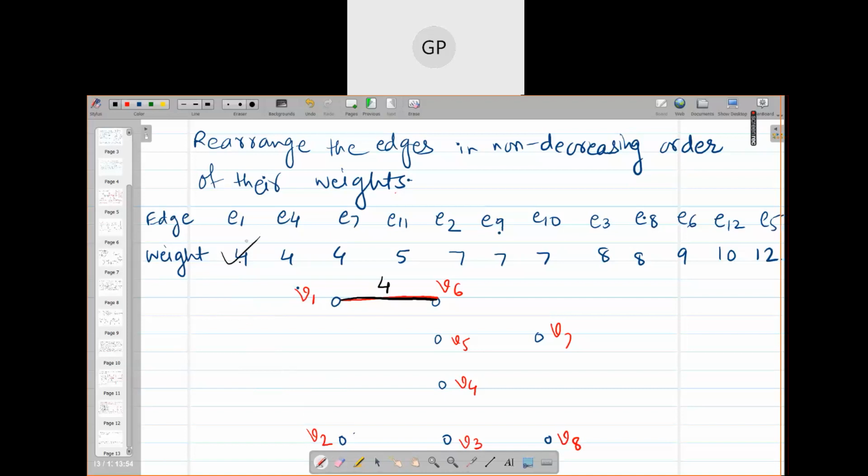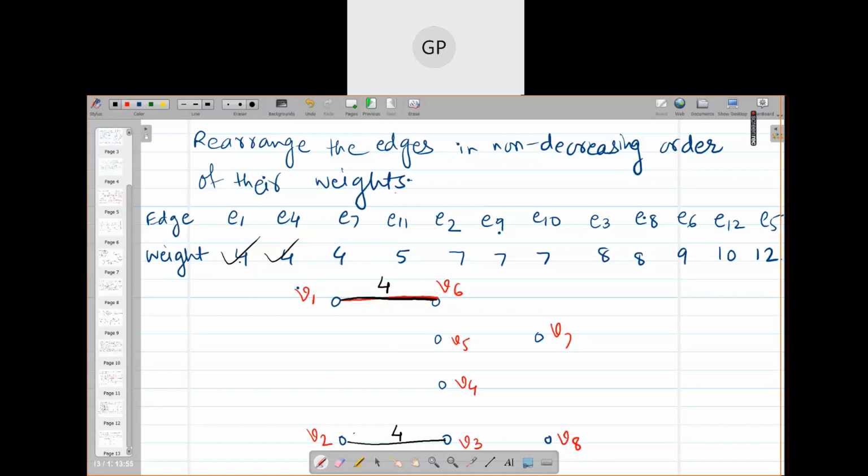Now next E4 with the weight 4. Does it create any circuit? No, ma'am. So I have included E4 also.